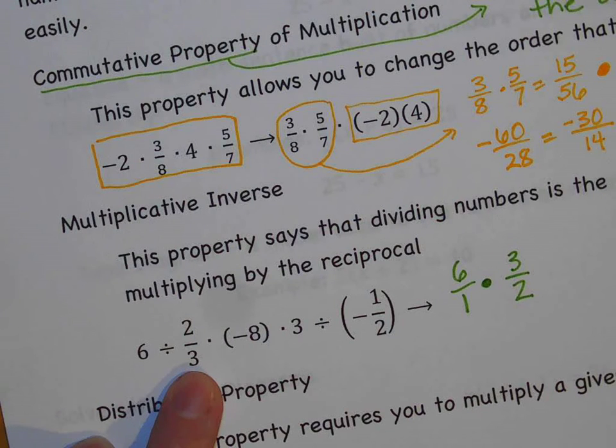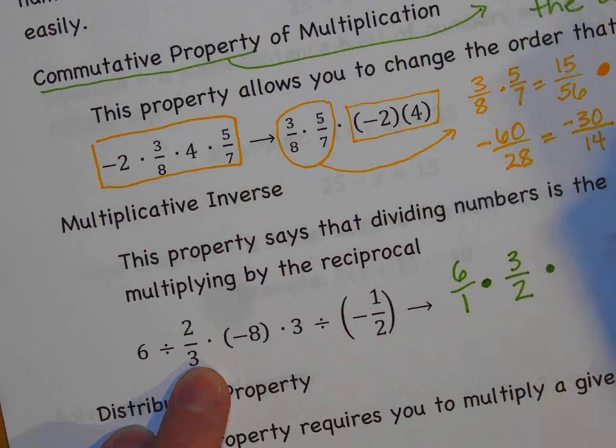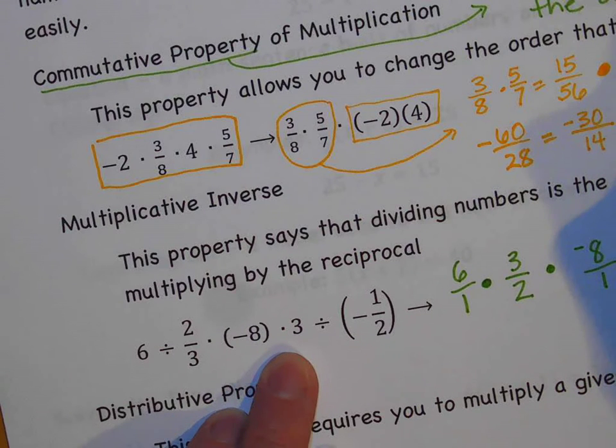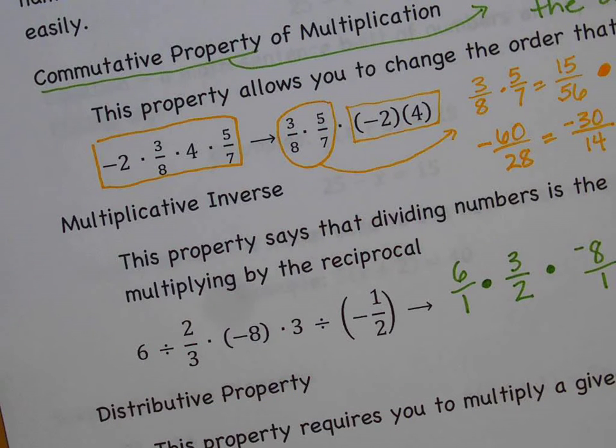This is what I'm multiplying by the reciprocal. And then I have to take that and times it by negative 8 over 1, times 3 over 1 times multiply by the reciprocal, so I get negative 2 over 1.